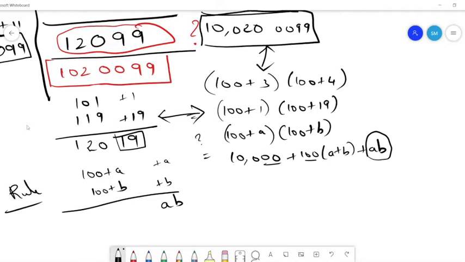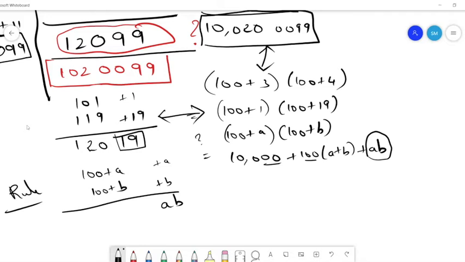So that is according to this expression, right? But when we are doing this, we're not considering the hundreds place and thousands place separately. We just did a single addition here.